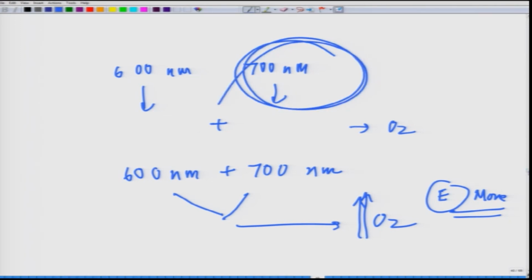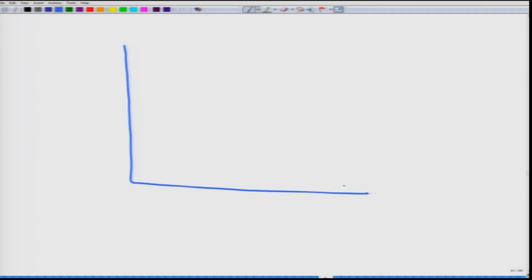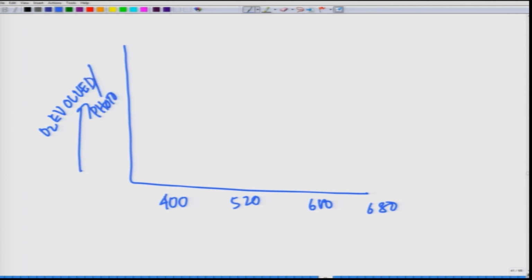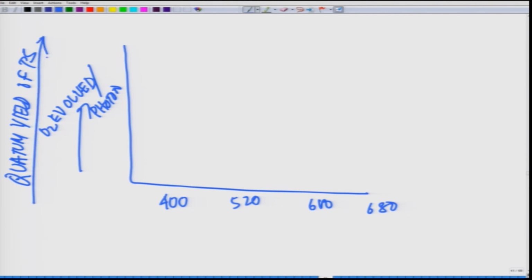Okay? And the red drop graph is something like this. Here you have the wavelength 400, 520, 600, 680, and here you have the quantum yield of photosynthesis in terms of oxygen evolved per photon, which is called quantum yield of photosynthesis. The quantum yield of photosynthesis is something very interesting to look at.